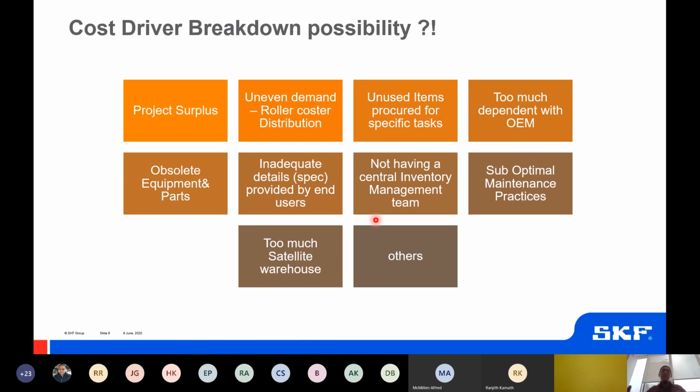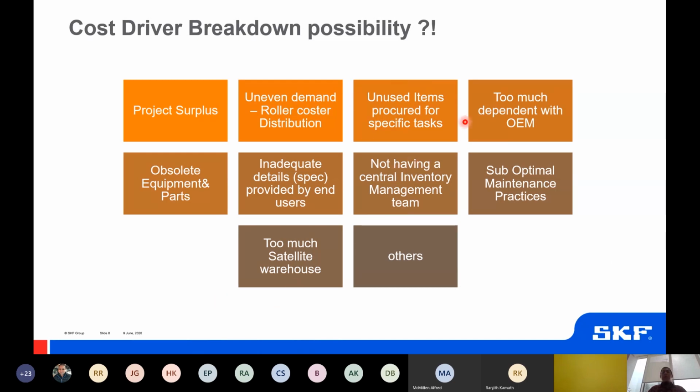It has a distance that management may think makes it not practical to have everything central, but the satellite warehouse also has a disadvantage. So we need to create a balance between having the central inventory or satellite warehouse.